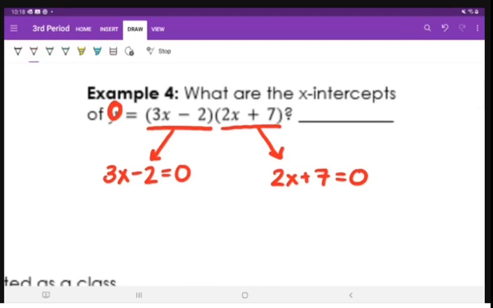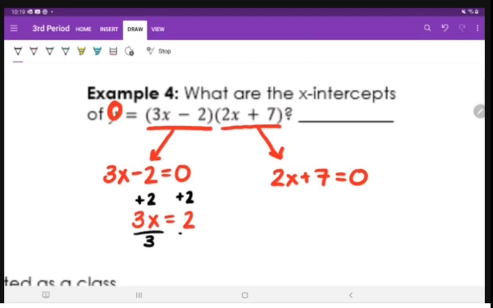This one's going to require a few more steps than the other examples, though. First, we have to add 2 to both sides. So we get 3x equals 2. But we're not done. We still haven't completely solved for x. So what do we have to do next? Anybody want to help me here? Divide both sides by 3. And that's going to get that x completely by itself.